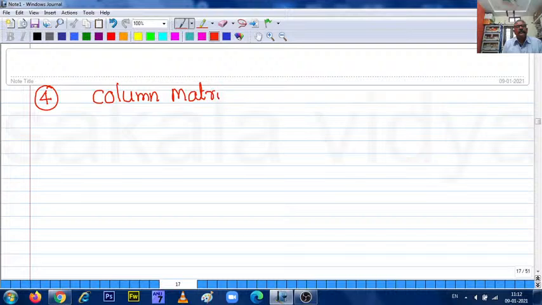Column matrix. Can you define column matrix? What do you mean by column matrix? Anybody? I will wait. Sai Krishna, Pavan Sai, Santo, Pradyumna, Tarun Teja. What is meant by column matrix? Having only one column. Very good, Nana.